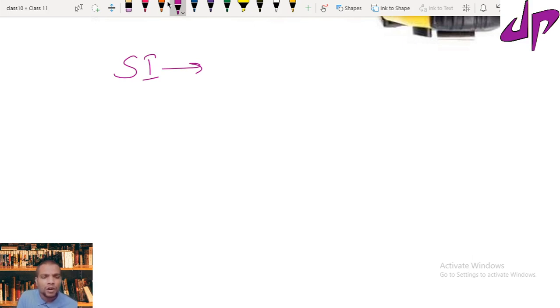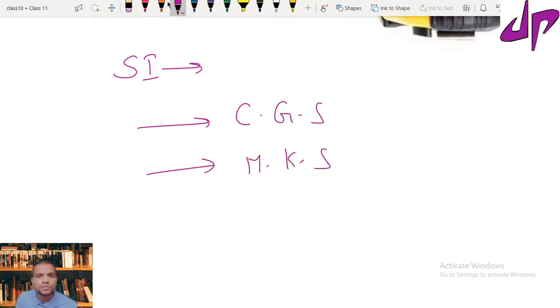Before that, in elementary knowledge, you know the CGS system of units and the MKS system of units, and the FPS system, foot, pound and second, which is the British system of units.